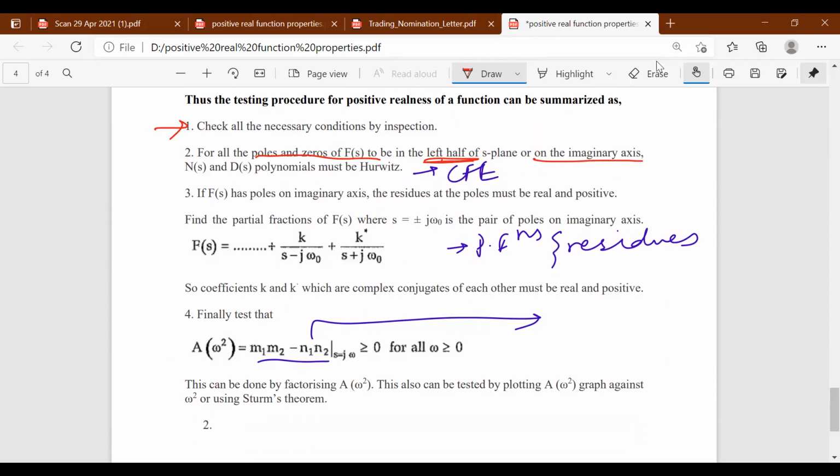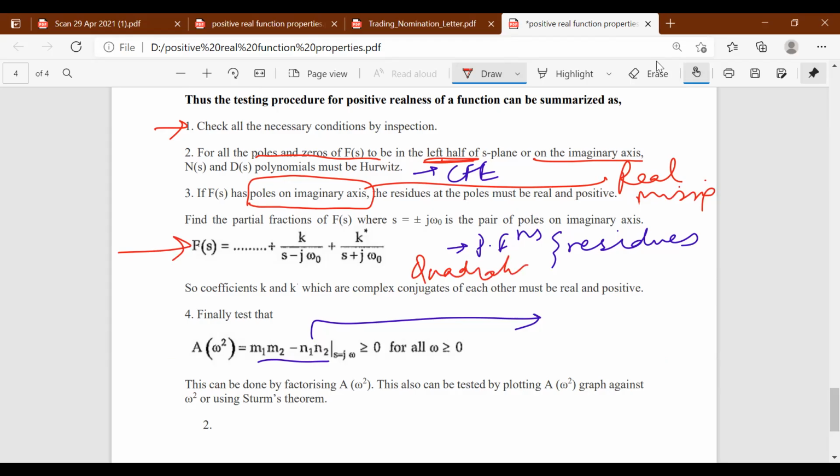The third point is, if the poles come only on the imaginary axis, that means the real part is missing, only then you need to calculate this step. If you have got a quadratic polynomial, then the chances are that you need not calculate it.